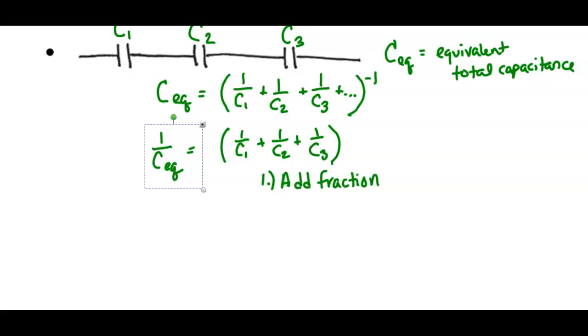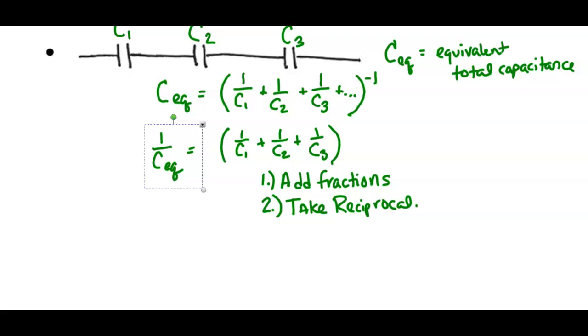So imagine 1 over 3 and 1 over 5 and 1 over 9, all in the same problem. I'd have to add up all those fractions first, and then when I get the sum, I have to take the reciprocal of the answer. So if I got 1 over 17, I would take the reciprocal and I'd get 17.